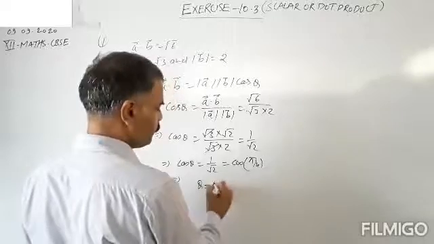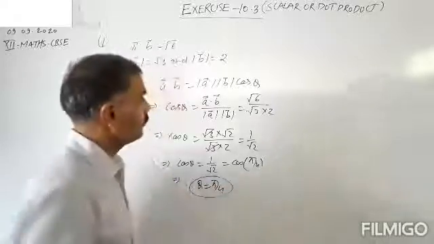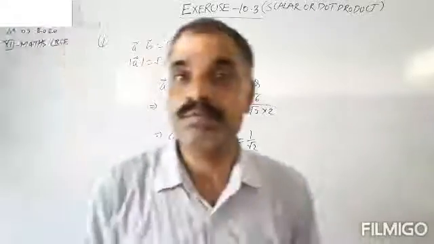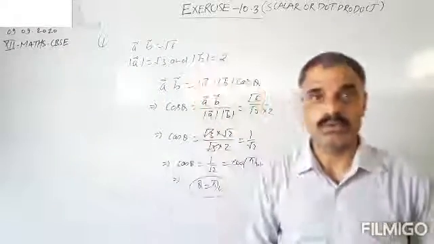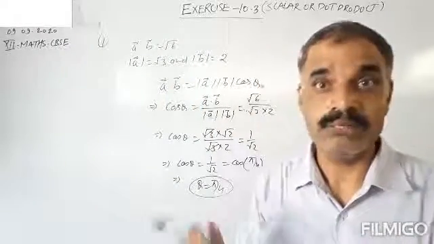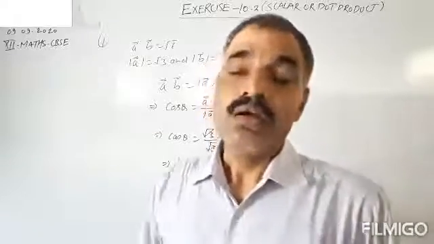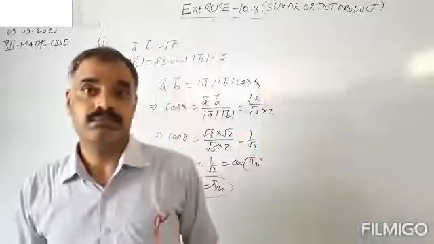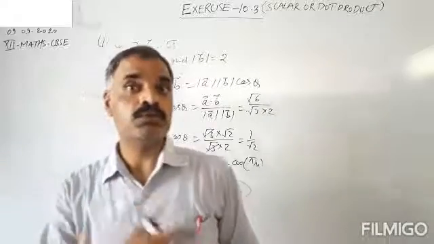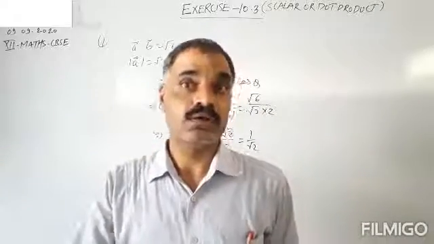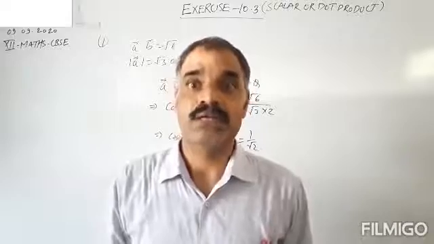So theta is equal to pi upon 4. So the angle between a vector and b vector is pi upon 4. In this way we can find the angle between two vectors. Okay, this is question number first, means how we use the scalar or dot product between two vectors.